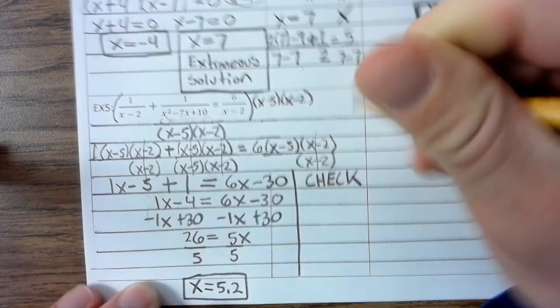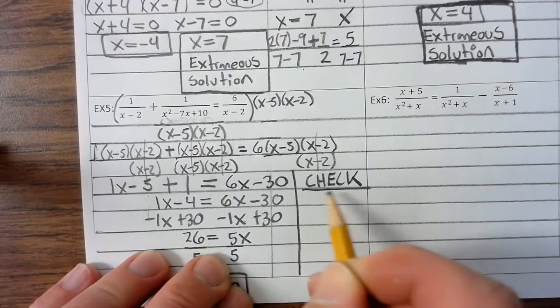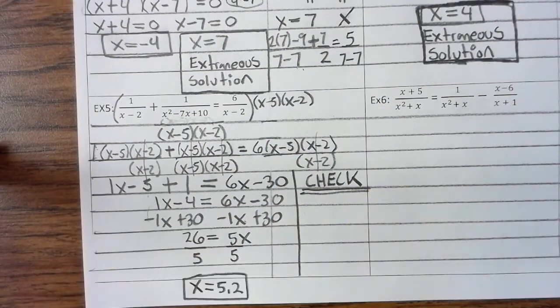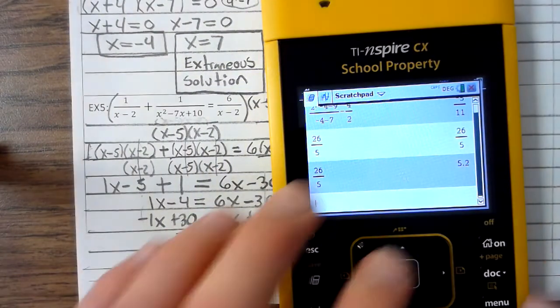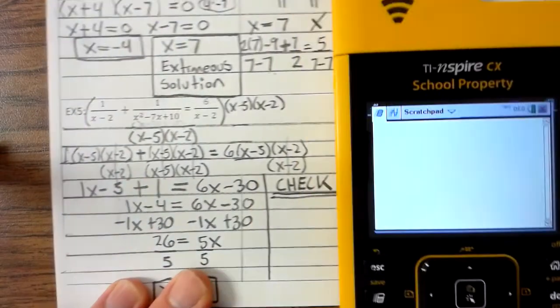Now, for checking, if you're limited in space, I would accept doing it this way. Use your calculator.